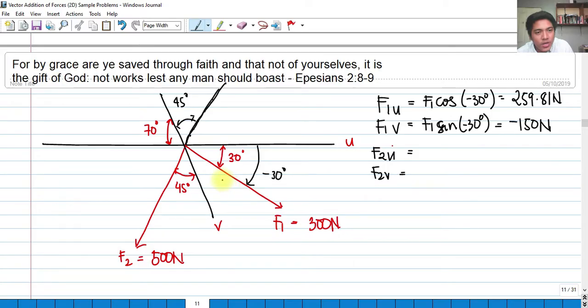And as you can see also, this straight line V has 180 degrees. And I have an angle of 45 and 70 here.